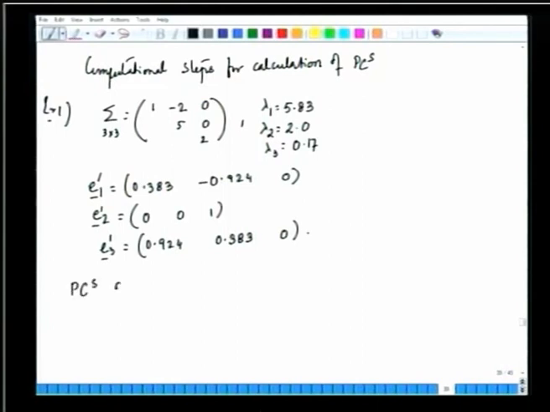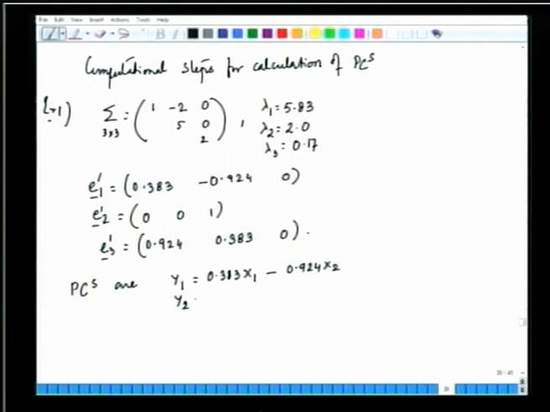If I know this, I know all the 3 PCs. The first one is Y1, which is E1 transpose X. So I know the coefficients with each of the X variables for the first principal component: that is 0.383 X1 minus 0.924 X2. That's all, because the third coefficient is 0.